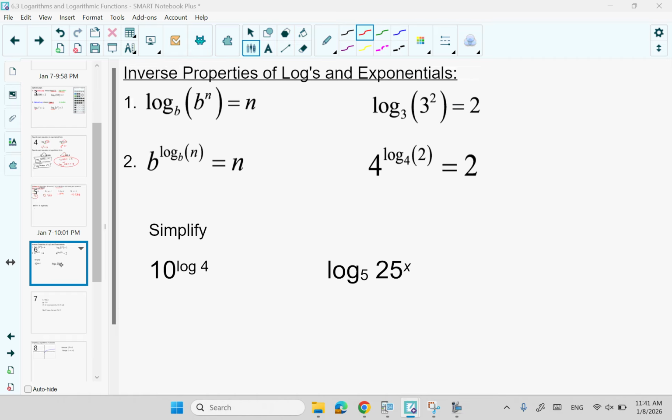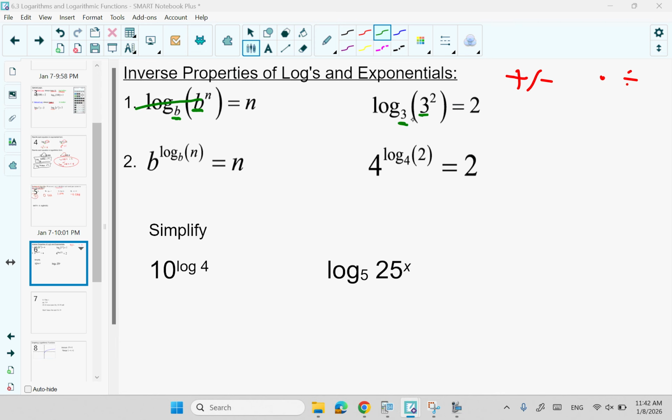Inverse properties. So inverse just means they undo each other, like plus and subtract undo each other, or multiplying and dividing undo each other. So if I have this number, this log base, and that base number together, that'll be the exact same number, this whole thing cancels out.